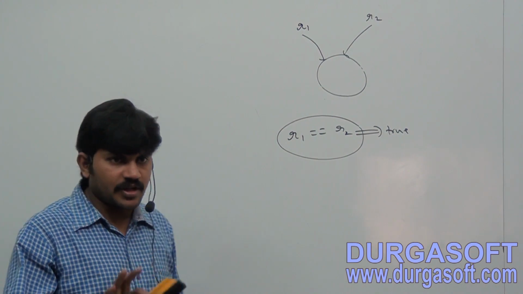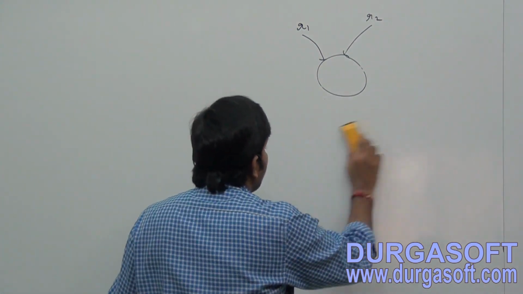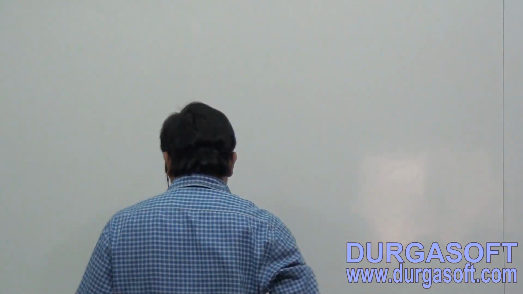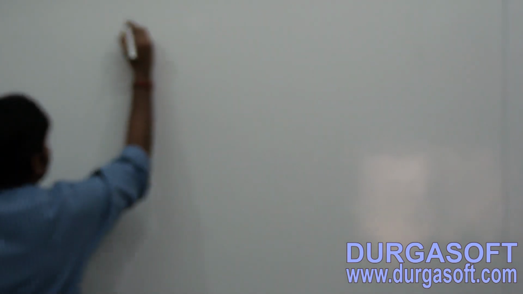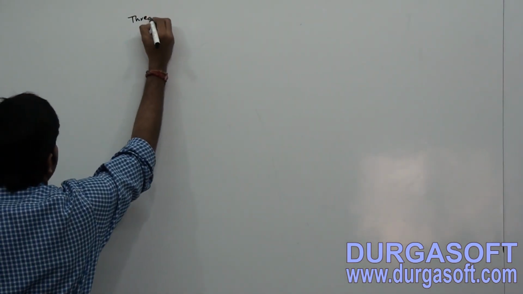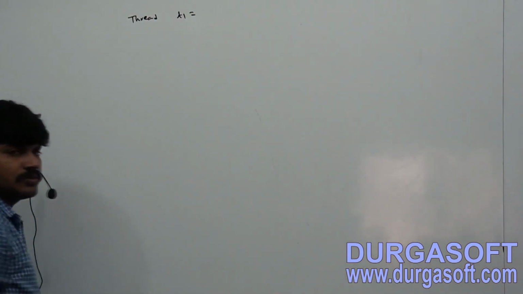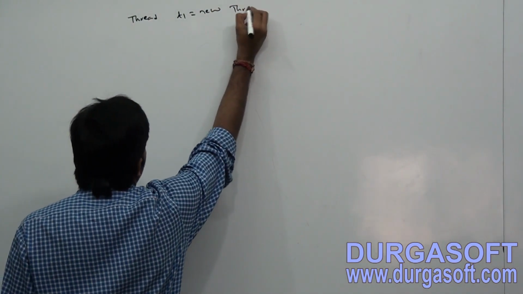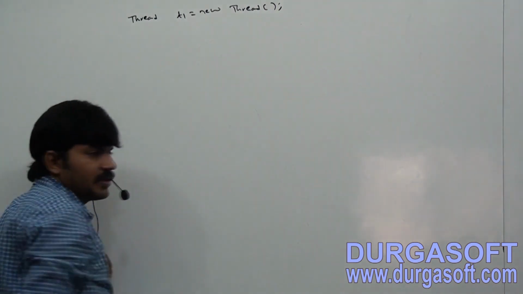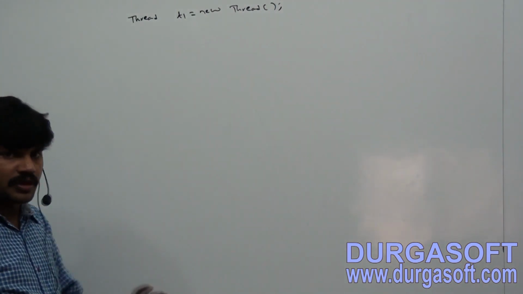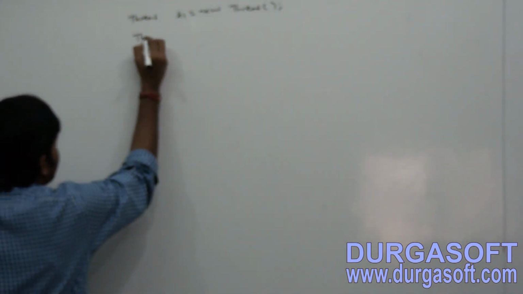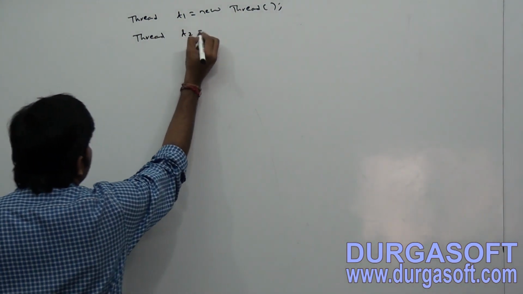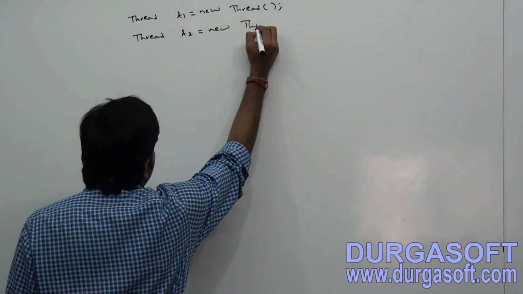Now the terminology is very clear for all of you, right? Okay, make sure. Next one, observe this point well. Here I am taking Thread t1 is equal to new Thread, Thread t2 is equal to new Thread.